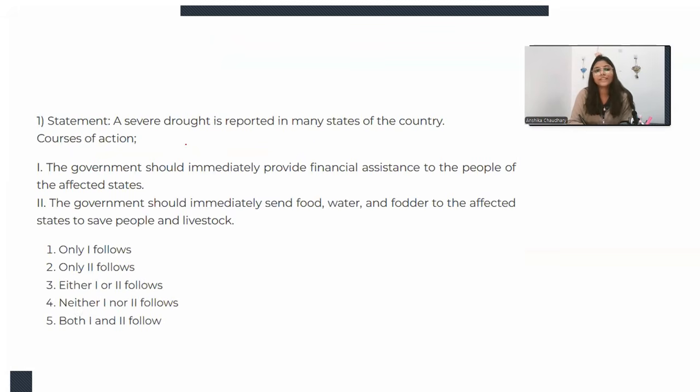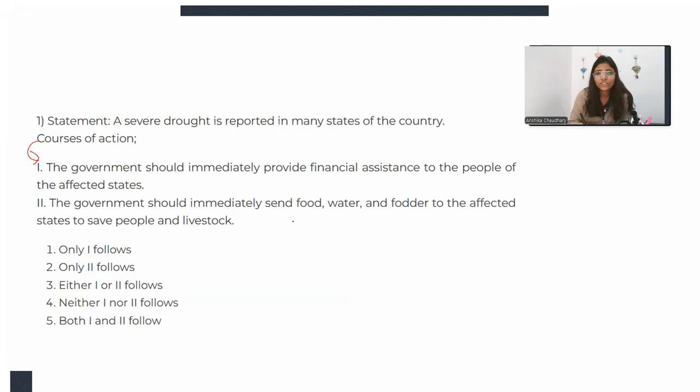The next question: the statement is a severe drought is reported in many states of the country. Now, what should be the strong course of action, right? If there is drought, the country must be struggling with water, food, and there will be lots of lacking, right? Water, food, and we can say livelihood, etc. So the government should provide these things. The first course of action: the government should immediately provide financial assistance to the people of the affected states.